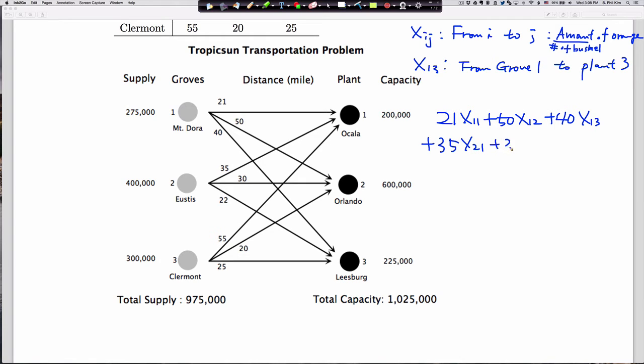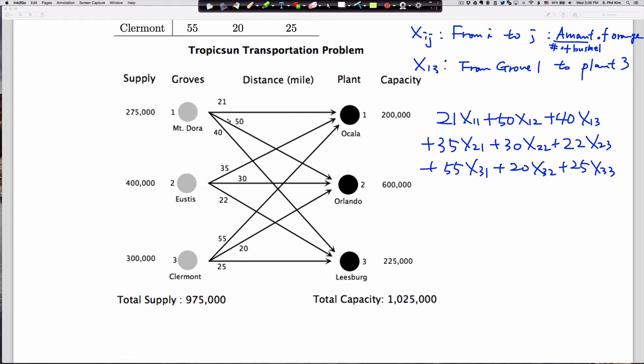35x21 plus 30x22 plus, maybe you are not sending out any, one of these. You are not using any route, but anyway, this is your total transportation cost. 22x23 plus 55x31 plus 20x32 plus 25x33.